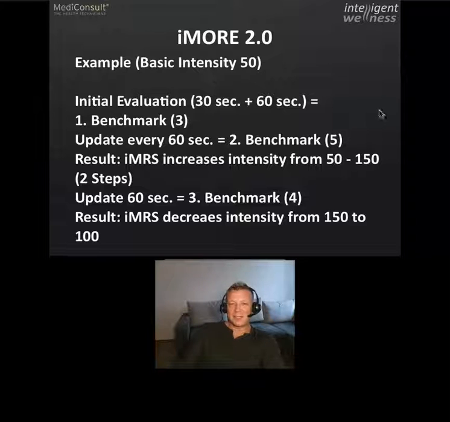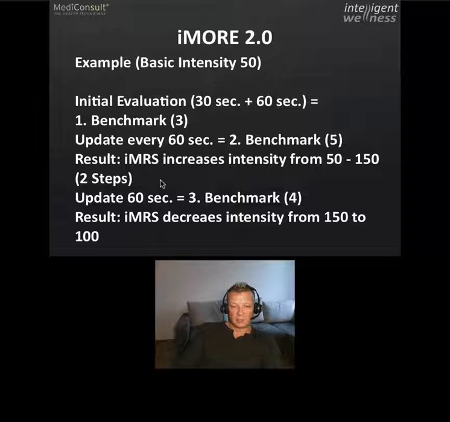So what happens if you start with a start intensity of 50 and you go from 3 to 5, that means two categories up, the result will be that the IMRS increases the intensity from intensity 50 to intensity 150, 2 steps, which makes sense. If your benchmark goes from 3 to 5, the intensity goes from 50 to 150 because it's 2 steps.